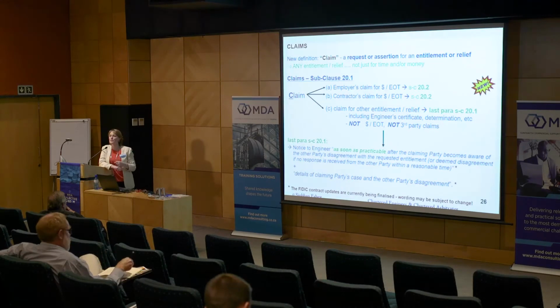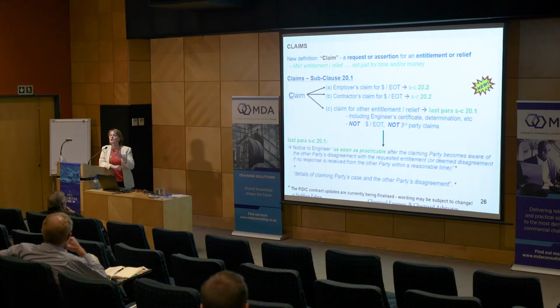The example that I always use is the idea that the employer is under an obligation to give the contractor assistance to obtain permits. And all too often, unfortunately, in the past, employers just ignored that obligation because they were like, well, why do I bother? What's the contractor going to do? Nothing. There is no sanction for me not to do that.